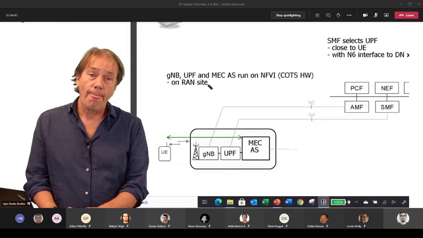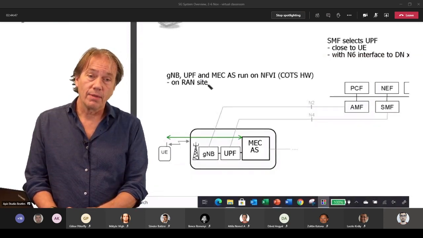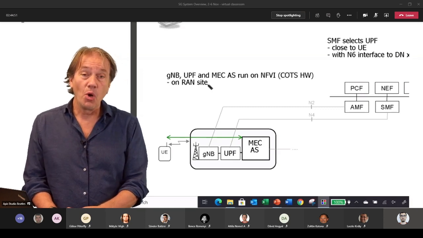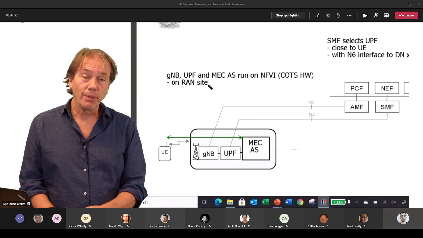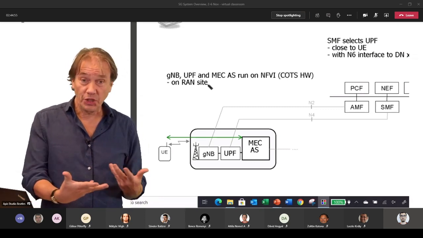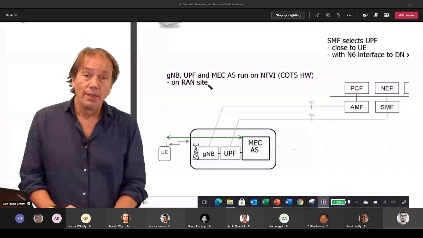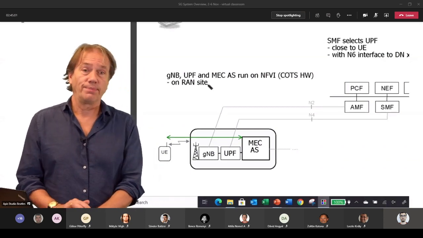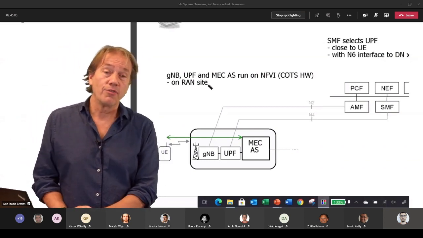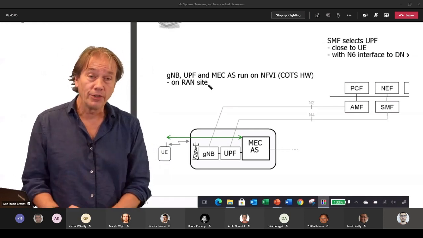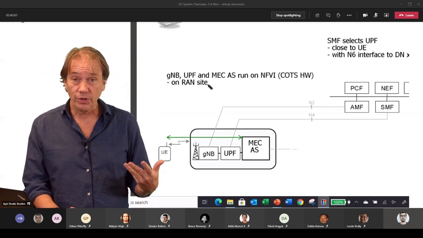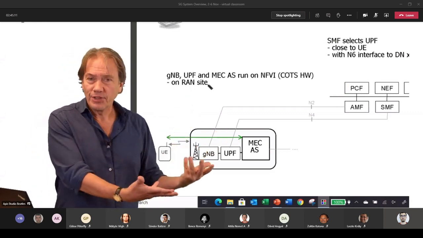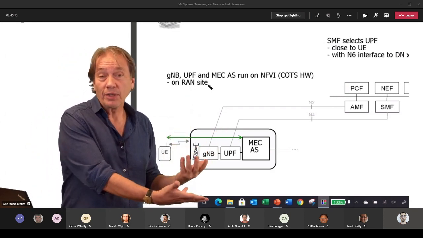but once again, there is no strict definition about what the edge actually means. So in this conference I attended a while ago, for one of the panelists, the edge was not necessarily the RAN site. The edge was, yeah, in the right city or maybe even in the right country.